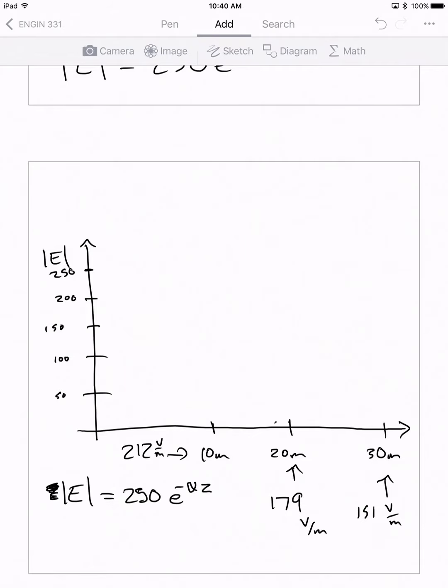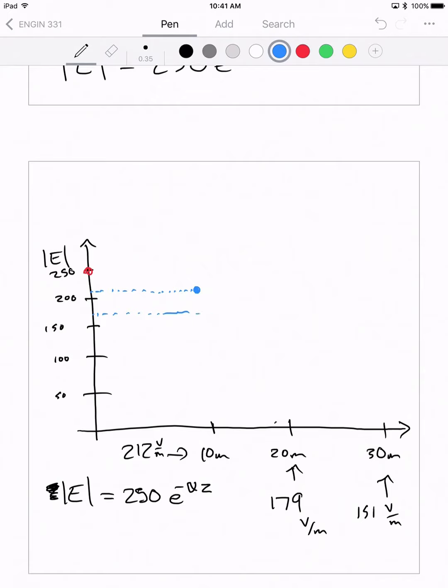So let's put those on the plot. We start off at 250. At 10 meters, we are maybe a quarter of the way between 200 and 250, so we're about there. At 20 meters, we're at 179, so we're maybe halfway between 150 and 200, right about there.